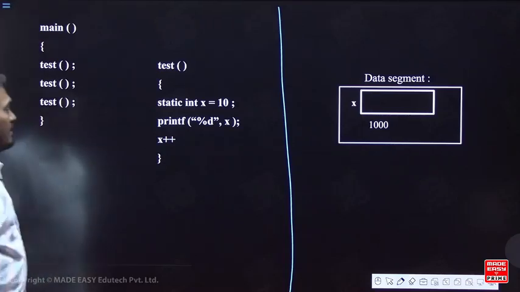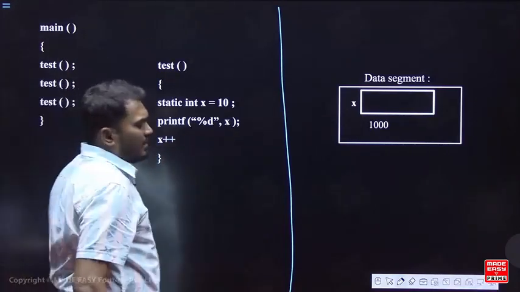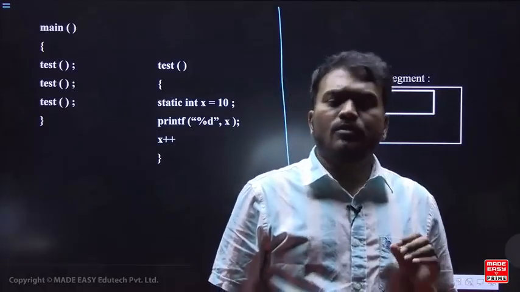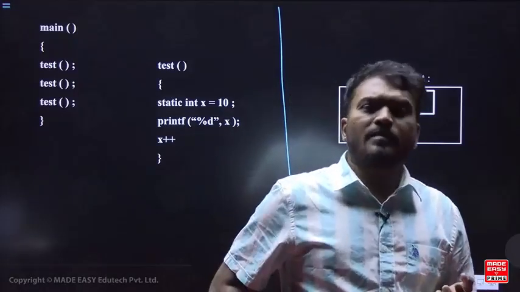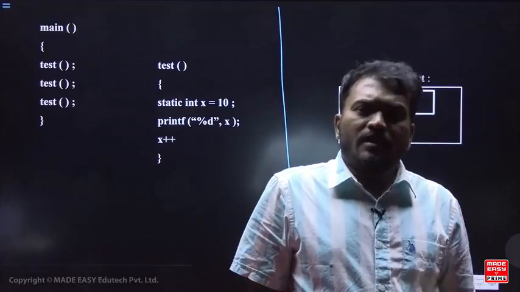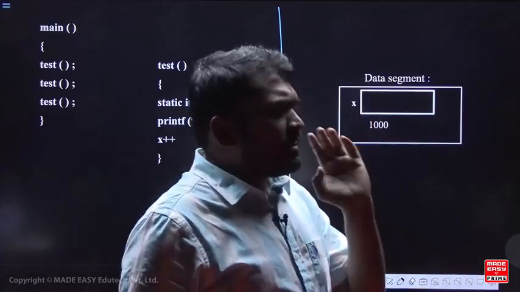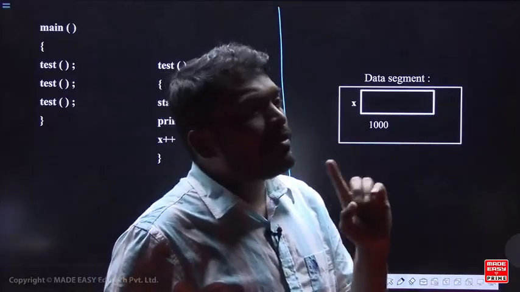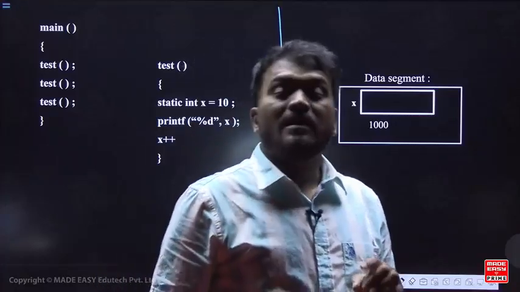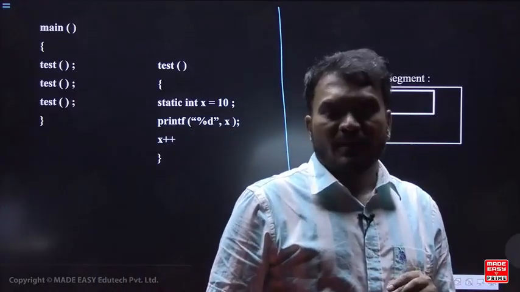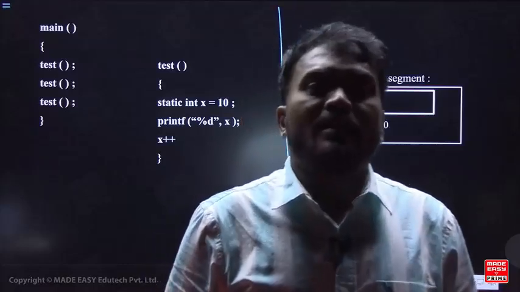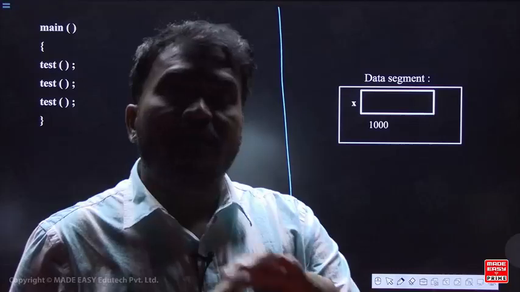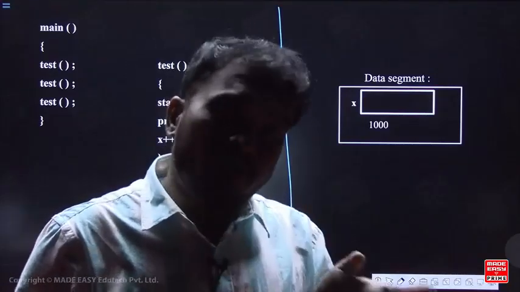Understand here, when you are executing this program, first listen to me. You should know the concept clearly. First, you should know the procedure, how the program execution will take place. Whenever you are executing the program, at the compile time, you are going to check whether there is any local, global or static variable available.